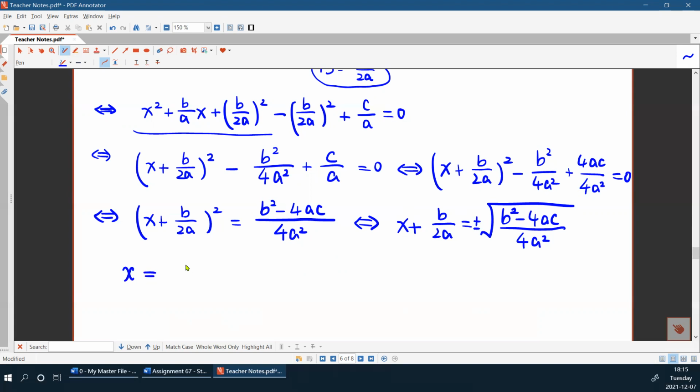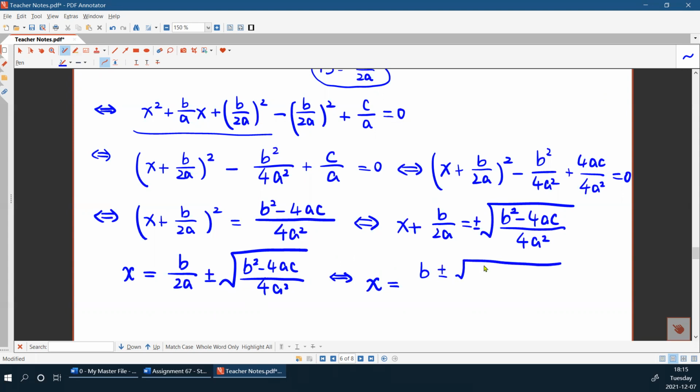Then our final solution is x equals negative b over 2a, positive or negative, the square root of b squared minus 4ac over 4a squared. Sorry, I lost a negative sign.